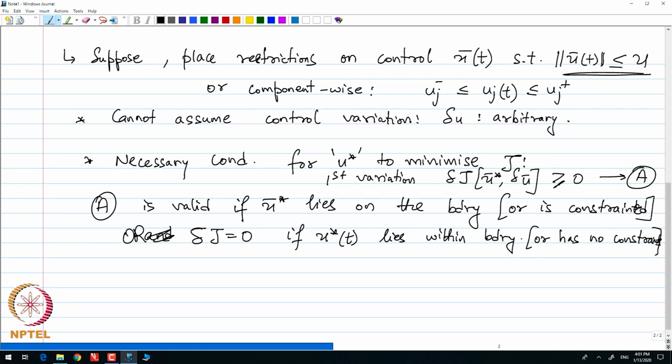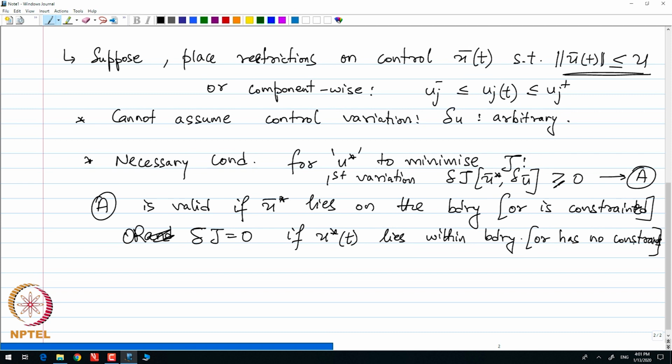Okay. So, what we have got is that we can use our regular condition that the first variation is 0 if u star lies within the boundary, or there are no constraints on u, which is the unconstrained problem, or we can impose the inequality if u is constrained or u lies on the boundary.